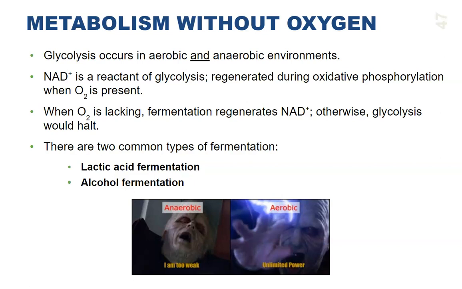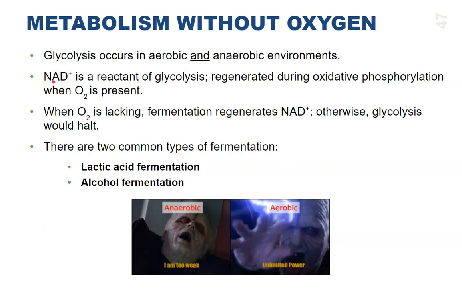So glycolysis, remember, it needs a few things to begin. It needs a glucose, it needs 2 ATP to start, and then it needs 2 NAD molecules. So NAD molecules come from the electron transport chain.